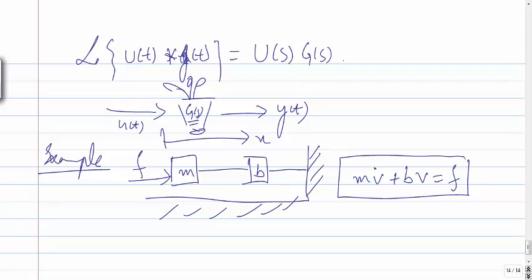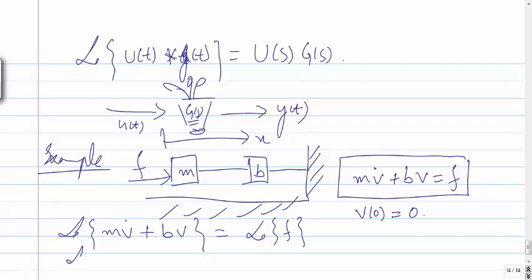Now we consider the initial condition to be 0, so in that case we can calculate the transfer function between velocity and force by applying the Laplace on both sides. So Laplace of m v dot plus b v is equal to Laplace of f.